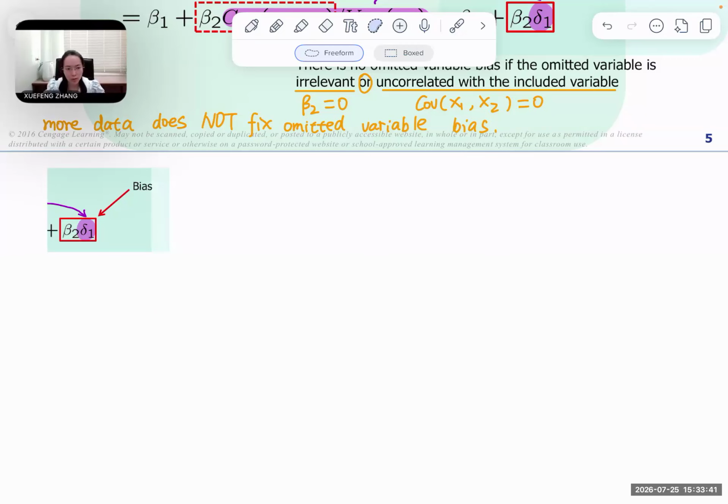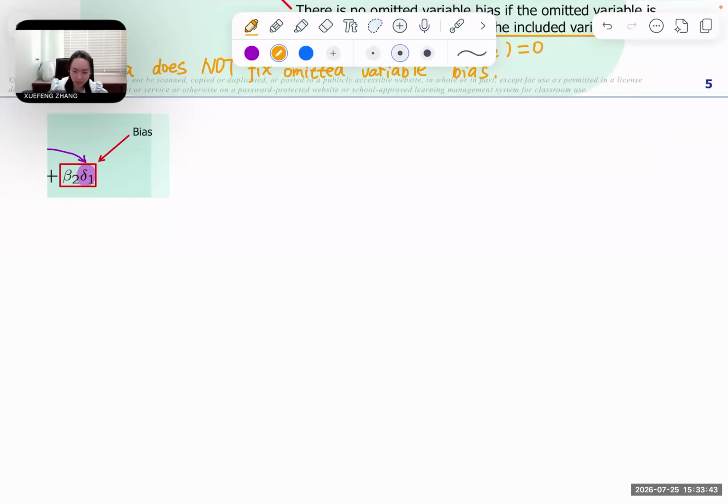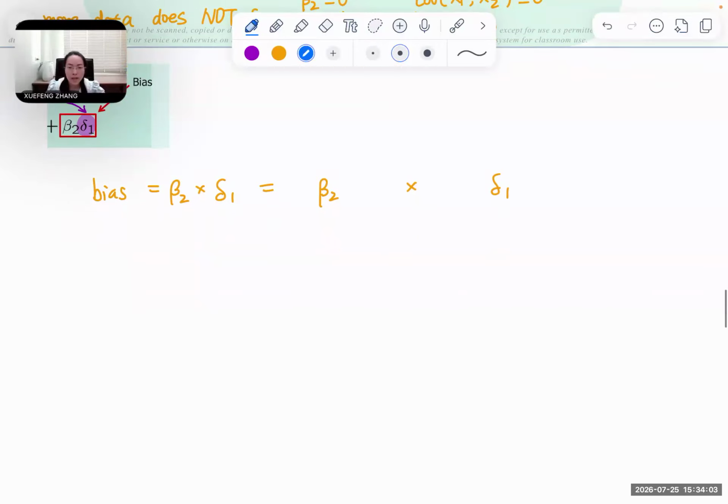Beta 2 delta 1. What is beta 2? And what is delta 1? Beta 2 is the effect of x2 on y. And delta 1 is the correlation between x1 and x2.